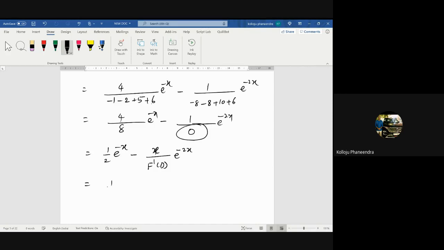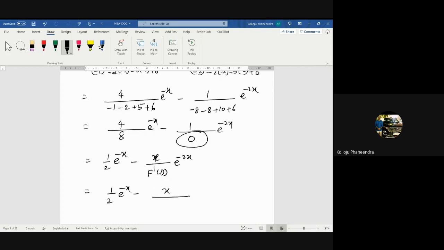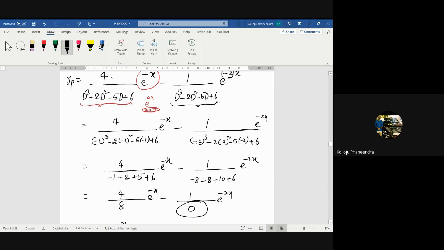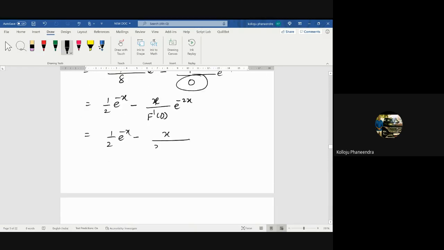That is the formula. So 1 by 2 e power minus x, minus x by, what is the derivative of this? This is f of D, so f dash D is 3D square minus 4D minus 5, into e power minus 2x.